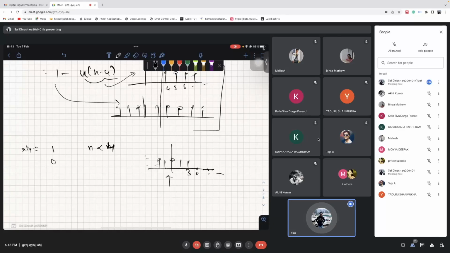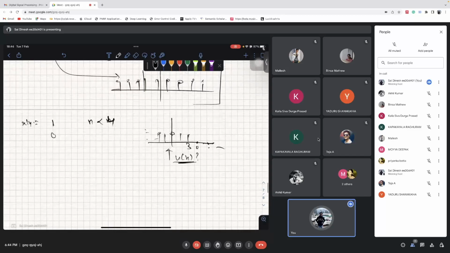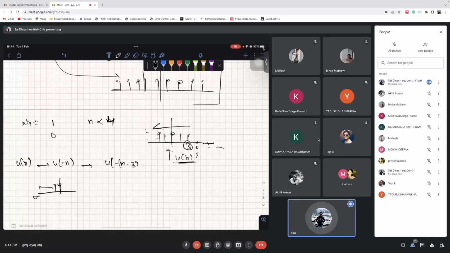So how can you represent this in terms of u of n? As we have done in the earlier example, this is u of n, and then we have it in the negative time. So of course it should be transformed as u of minus n, but u of minus n goes from 0 to infinity, and we have from 3, so we want to shift it to the right. We want to delay the signal. So what is delay? n minus 3.